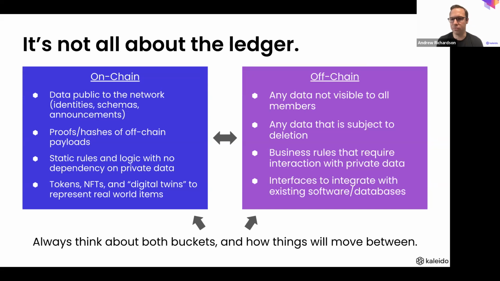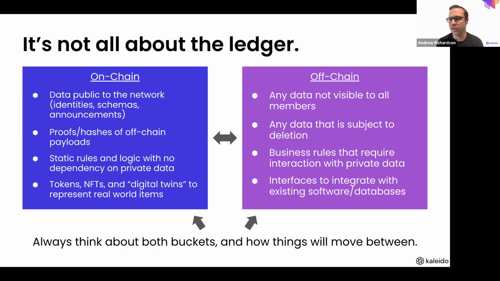If you look at these first two bullets, first, any data that can't be visible to all members of the network. If we're talking about a consortium, we're going to have a lot of data that's private to me or private to me and one other member, right? It's part of some dialogue that we're having, and the other members can't see it. I don't want to put that data directly on chain. And secondly, any data that's subject to deletion.